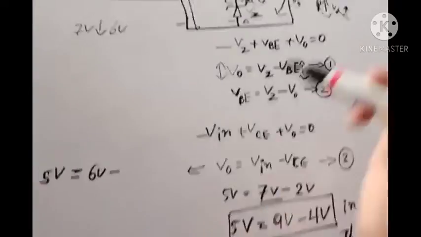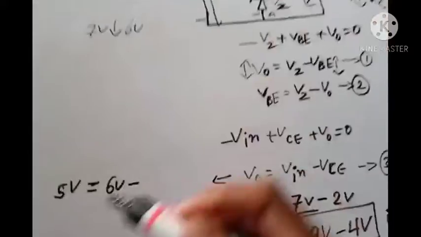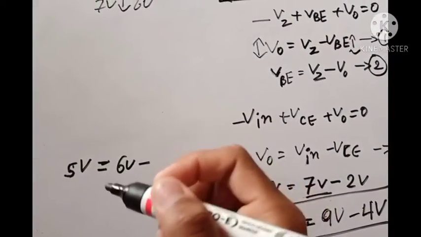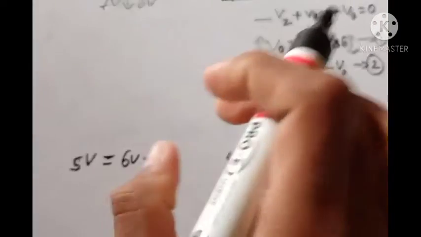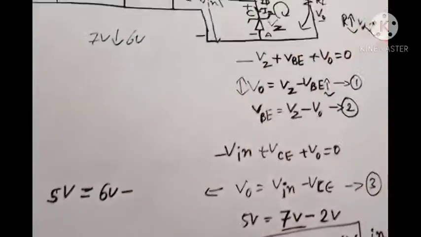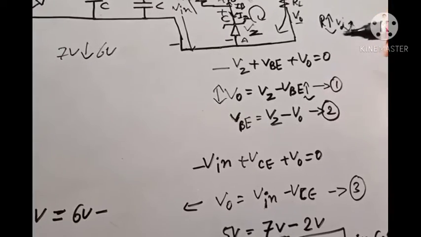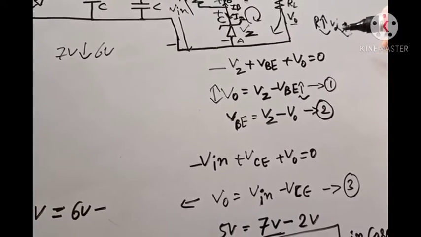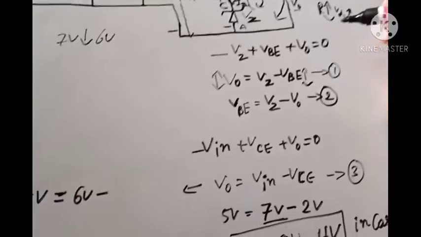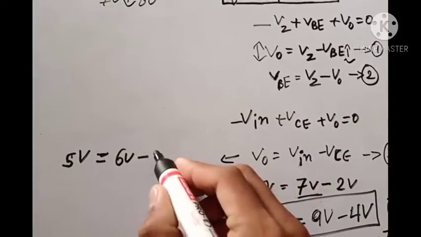As I said, the transistor acts as a variable resistor. So if the input voltage decreases, then to maintain the output constant, automatically the resistance value decreases. If the resistance value decreases, then the voltage drop across the resistor will decrease. So then the VCE voltage will be 1 volt.